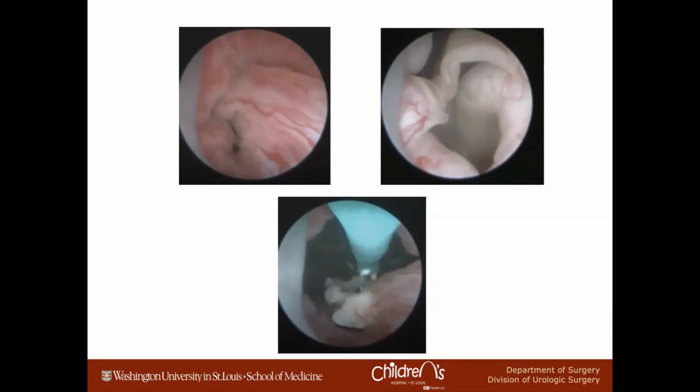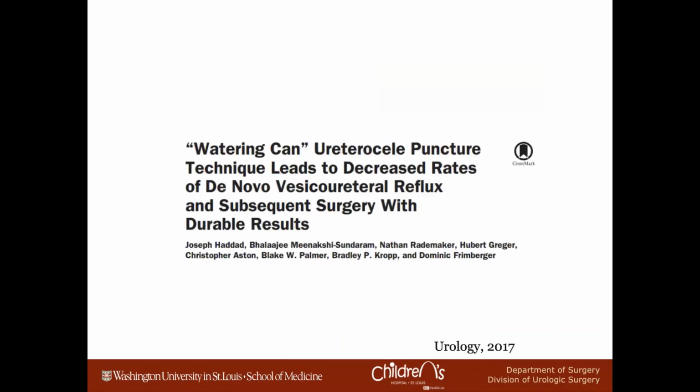Next slide. So in Germany and then subsequently in Oklahoma, they talked about using a laser to make a watering can puncture, putting innumerable holes in the wall of the ureterocele using a small laser fiber, and thought that there was a lower incidence of iatrogenic reflux and then a lower incidence of requiring subsequent bladder reconstruction.